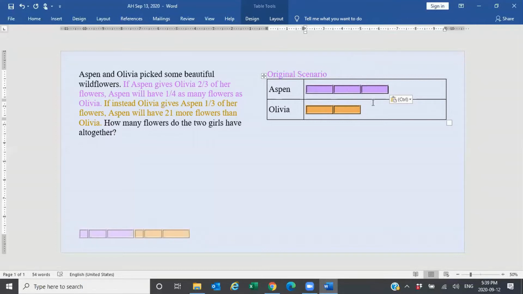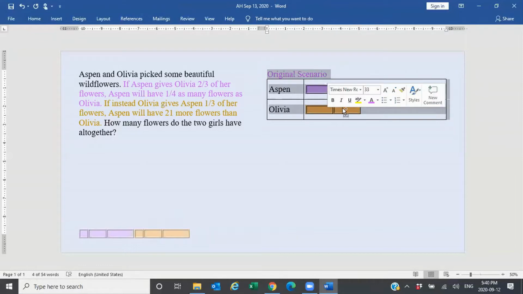Because if Aspen gives them to Olivia, it says Aspen will have 1/4 as many flowers as Olivia. But to do that, we actually have to do the question and consider the scenario. So because we gave the 1/3 to Olivia, we could really see how much she had. And now if we give them back, we have our original scenario. This is what they had before. If they didn't give each other anything, this is what they would have.